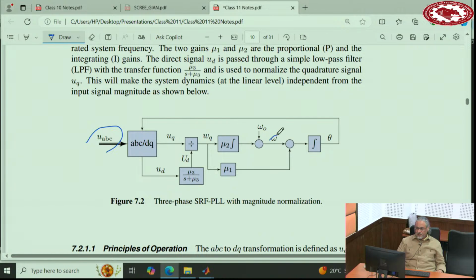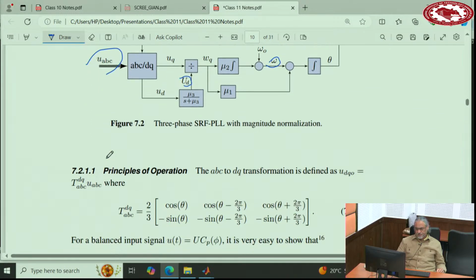And this frequency or this variable will converge to the frequency of this waveform. And this UD will converge to the magnitude of the positive sequence of this one. So in other words, this simple algorithm, if it converges and has no stability issue, in one shot gives you an estimate of the magnitude, frequency, and angle of the positive sequence of this waveform.